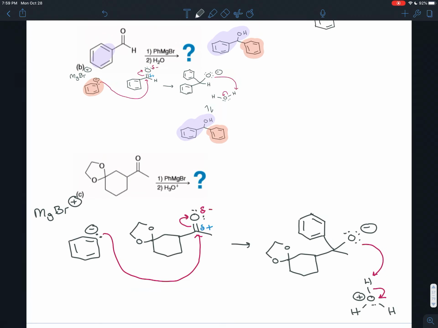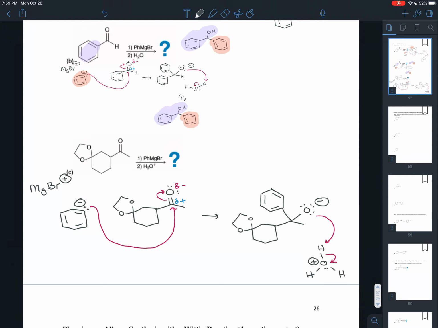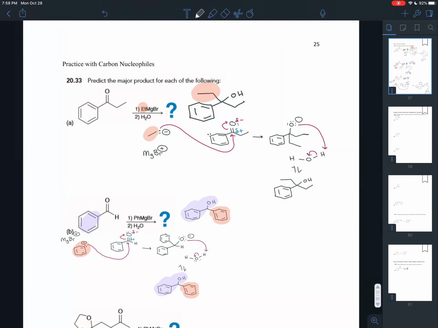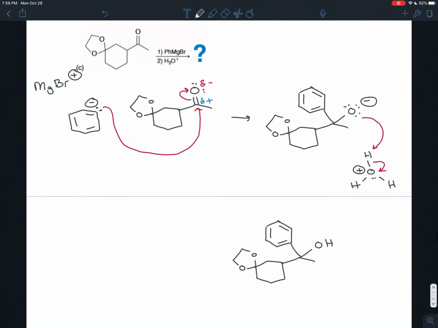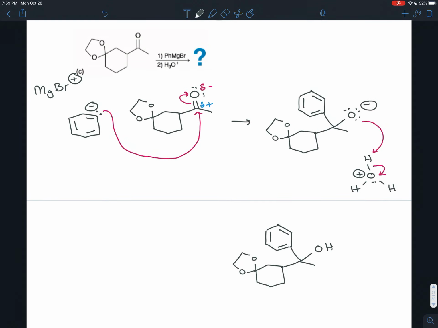And what we end up with there is the same structure, but that oxygen, instead of having a lone pair with a negative charge, has a hydrogen bonded to it. And normally I've just been writing that as an OH. So it's very similar to our original structure.